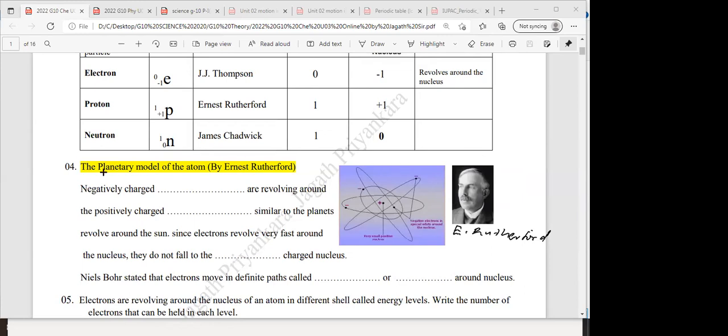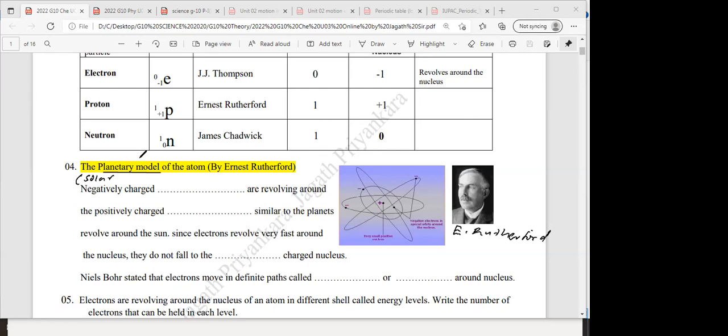Why is it called planetary? His model is sometimes called the solar model or the nuclear model. If you can put a slash and write, this is also known as the solar model or nuclear model of the atom. Why solar model?